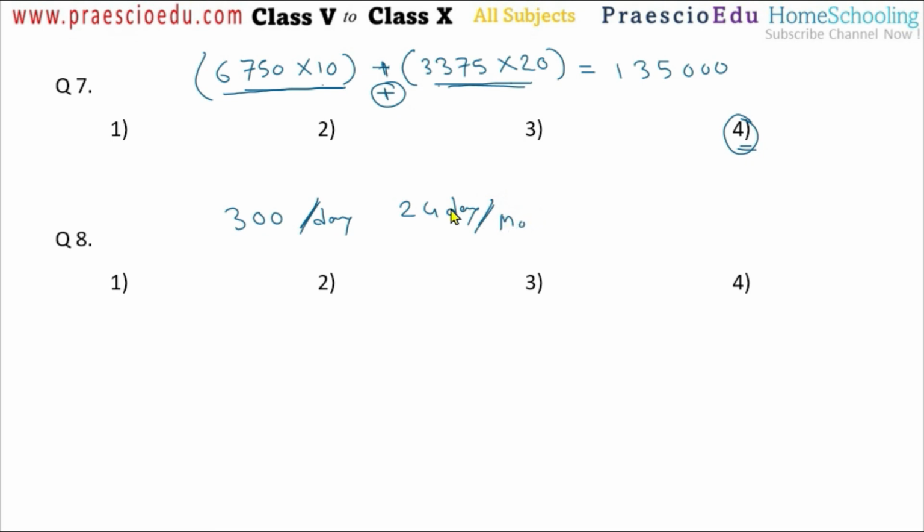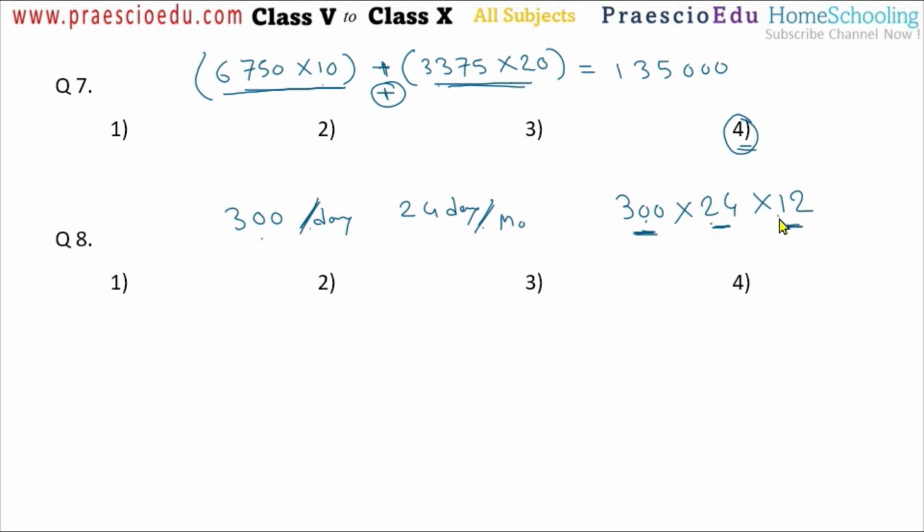So now this is the per day toys, 300. In a month how many days? 24 days. In a year how many months? There are 12, because we have to find out per year, so that's why we multiply by 12 months. In 1 month they work 24 days, and in one day 300 toys are manufactured.